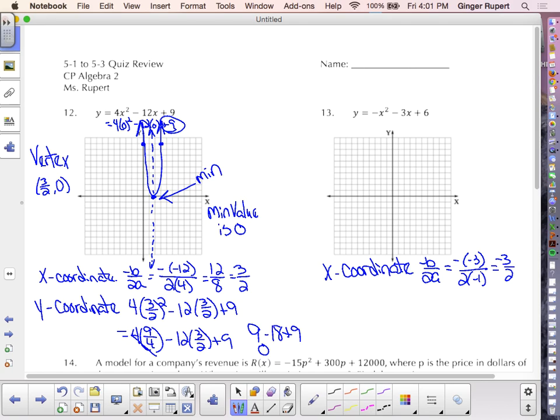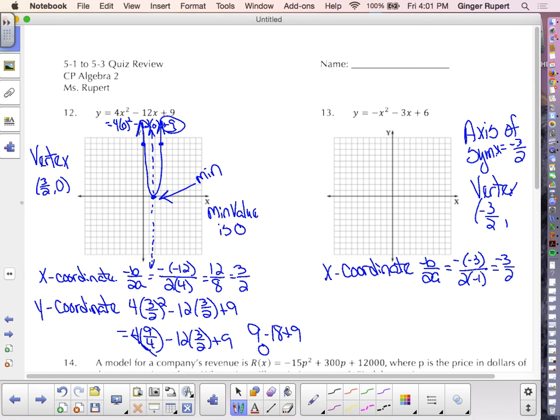So my axis of symmetry is going to be at negative 3 halves, and the x-coordinate of my vertex is at negative 3 halves.